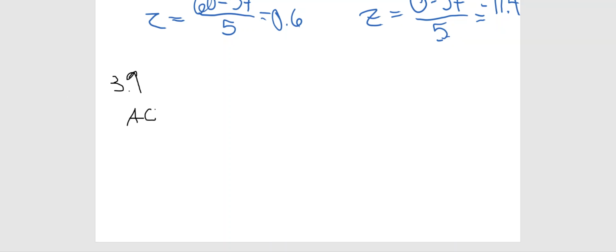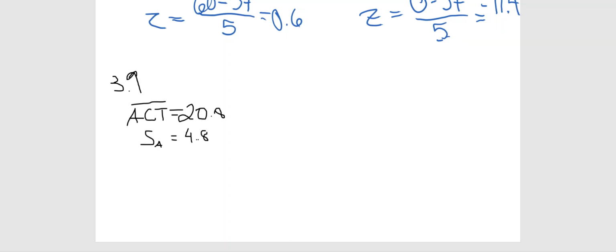Okay, so I know the ACT's mean is 20.8. And then the standard deviation, I'm just going to write an S with a little A on the bottom to remind myself this is the one for the ACT because there's two of them floating around, is 4.8.